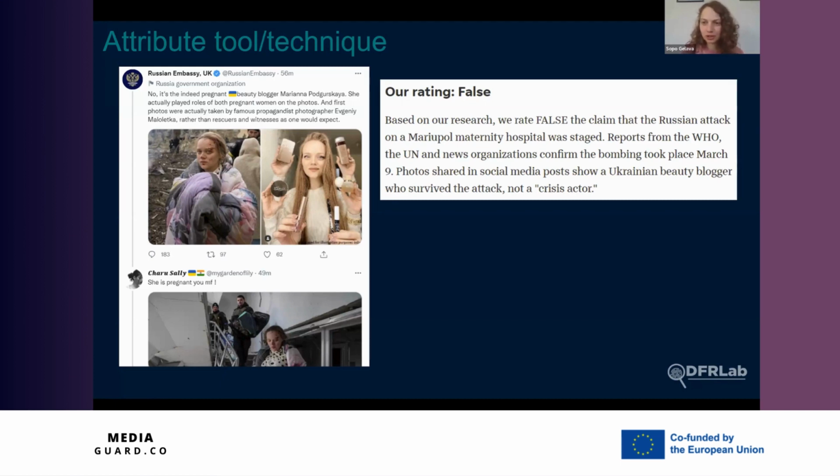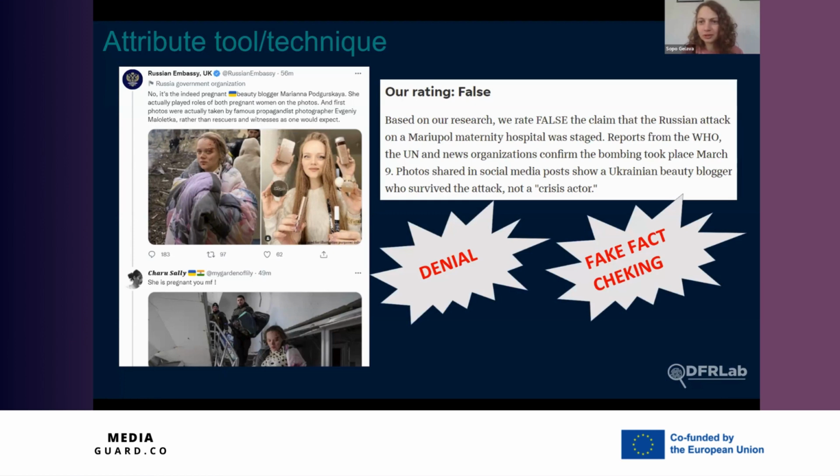Same as what happened with the Bucha case, what we described, that War on Fakes stated that no, Russia is not responsible, Ukraine staged it. We can attribute this denial to almost every uncomfortable claim for Russia. And of course, this is fake fact-checking and weaponization of fake fact-checking.